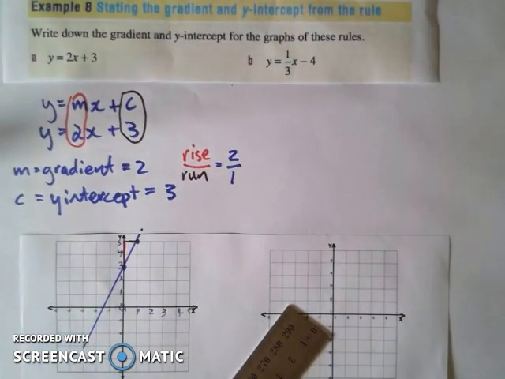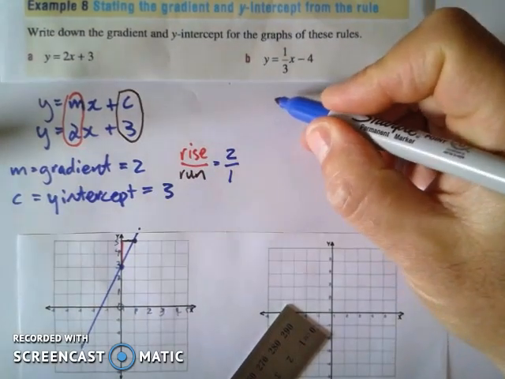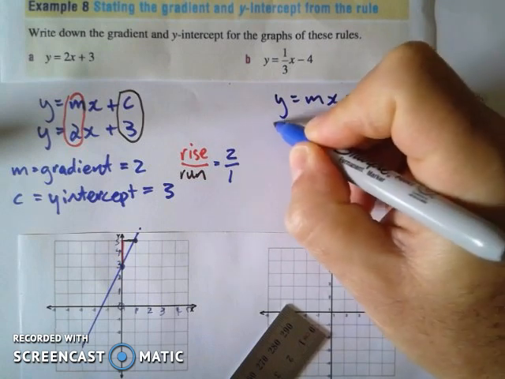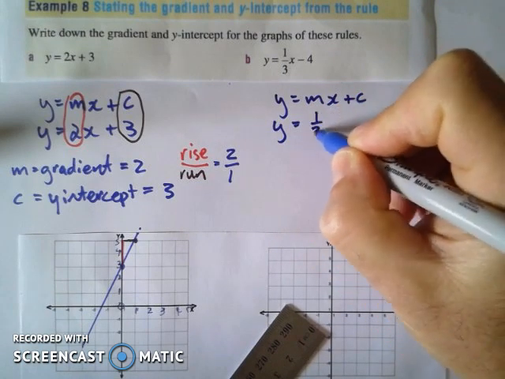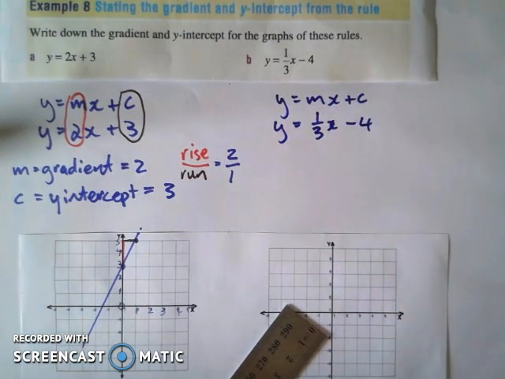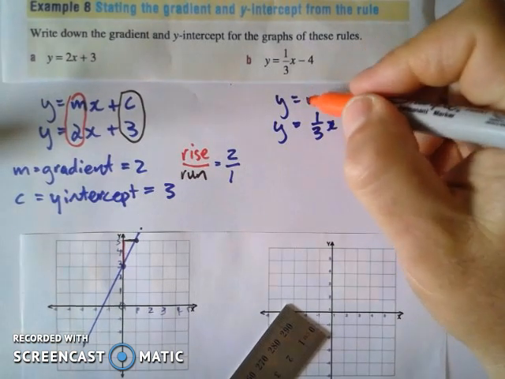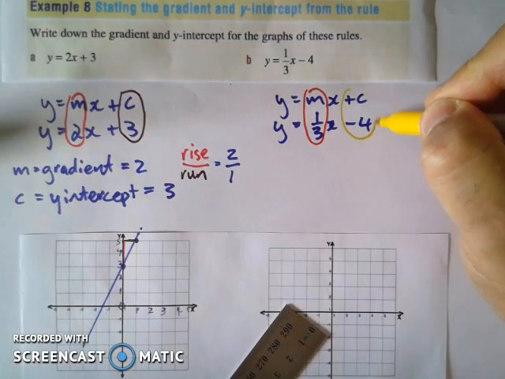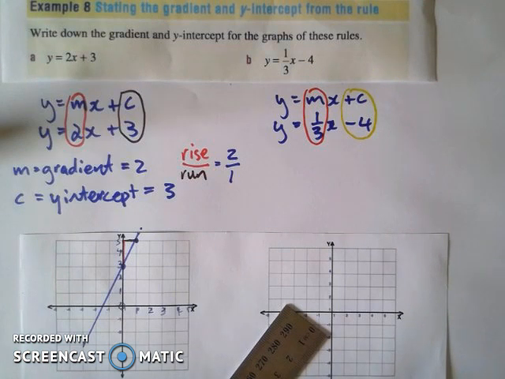If I look at my second equation, we have y equals mx plus c. My equation is y equals a third x take 4. Again, I can see that my gradient is a third, and my y-intercept is at -4.